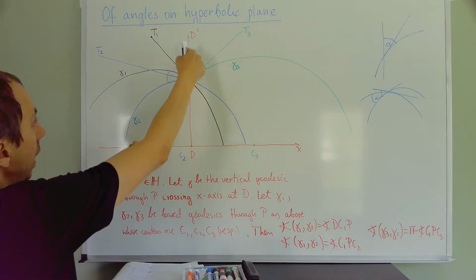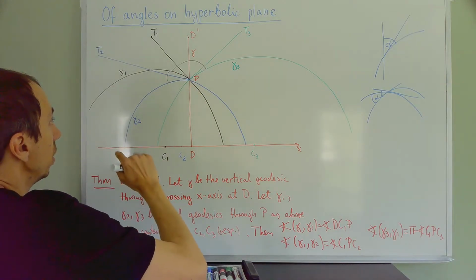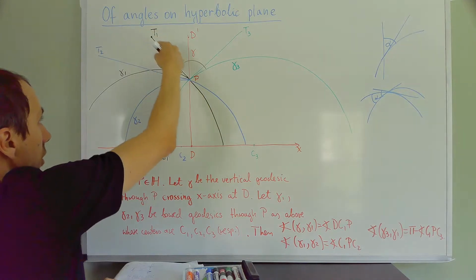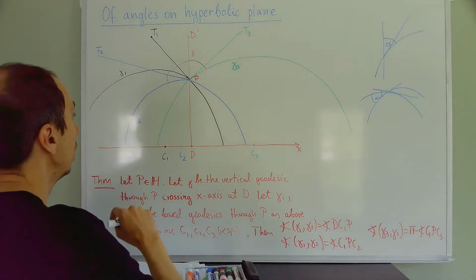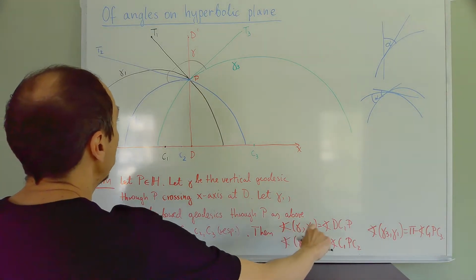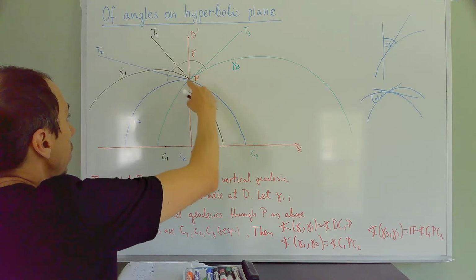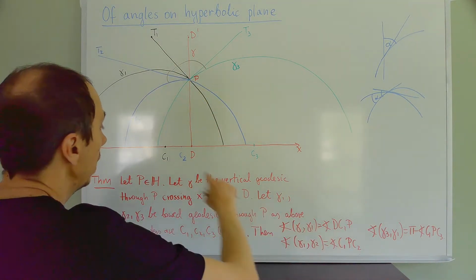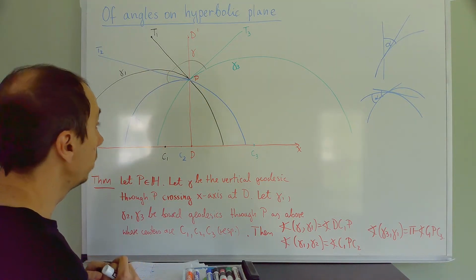So the angle between gamma and the black geodesic, which by definition is the same as the angle between gamma and the tangent line. The Ti's denote various tangent lines to these geodesics. So the angle between gamma and gamma 1 is the same as the angle between gamma and the tangent line T1, that's by definition. And I'm claiming that that's the same as D C1 P, the angle in the triangle D C1 P.